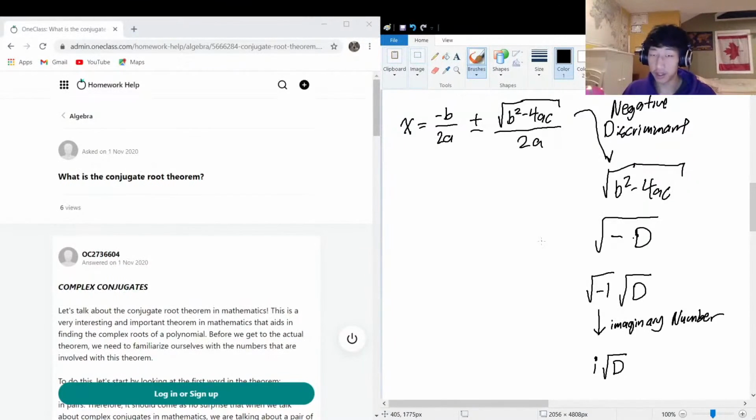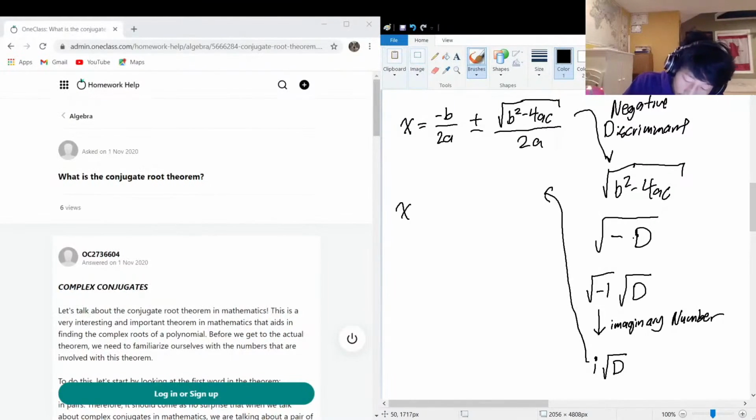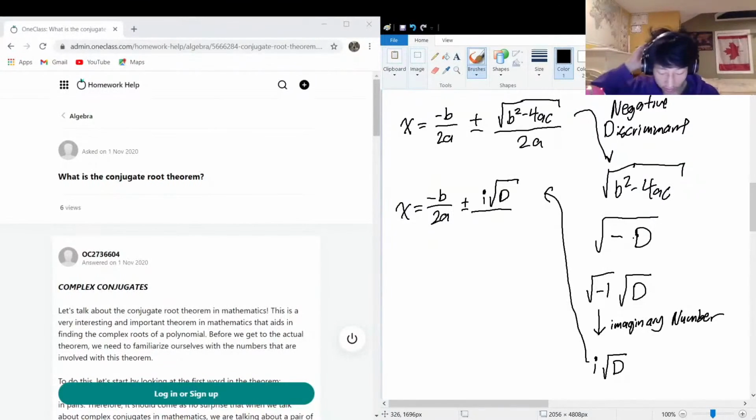Okay, so you can see how if that's the case, the two roots of the quadratic formula would be negative b over 2a plus minus i multiplied by the square root of the discriminant, not the determinant, that's a whole different thing, over 2a. And you can see how these would have to be conjugates of each other because we have the plus minus in between them.